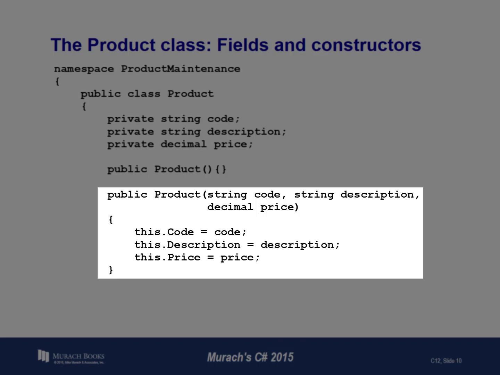We'll take those 3 pieces of information and store them in our dot code, our dot description, and our dot price. Note the capital letter for code and description and price for the dot properties. These are the places where we're going to reveal the information the user has provided and reveal the information that we have stored secretly behind the scenes.